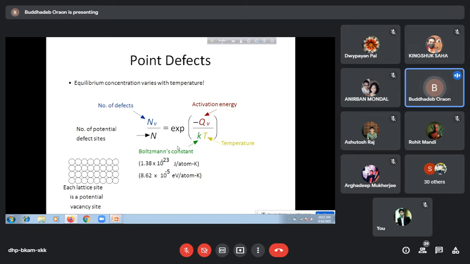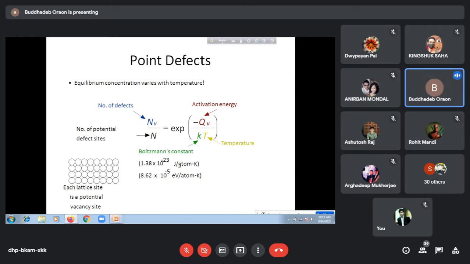We will see how we can measure the activation energy for a particular thermally activated process. This is a very important parameter for processes like production of point defects in a bulk material.